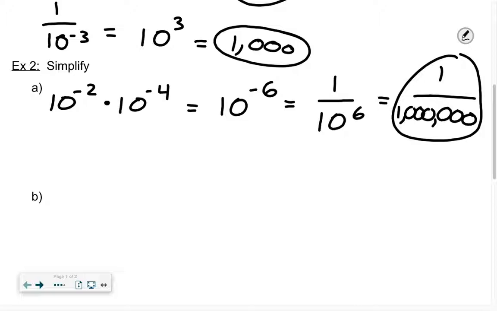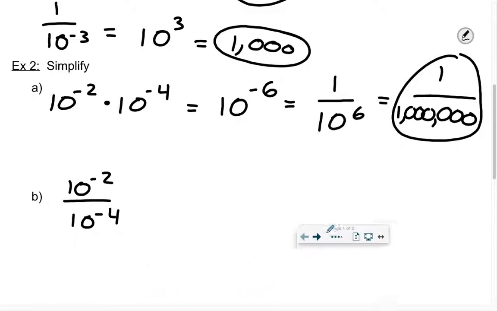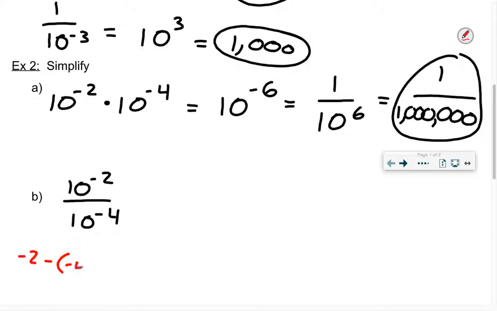Let's do another one. We have 10 to the negative second over 10 to the negative fourth. Dividing, so we do what now? Subtract. So a little scratch work off to the side. Negative 2 minus that negative 4.